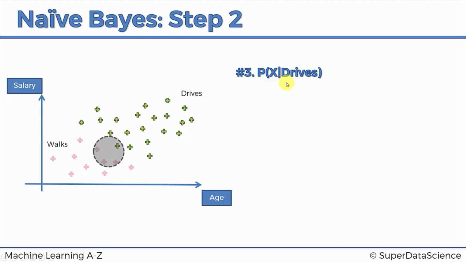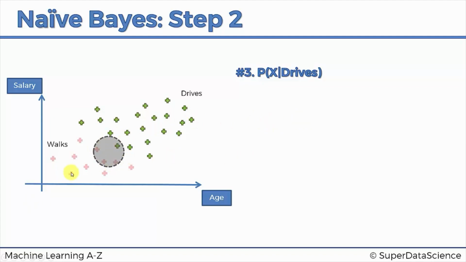The question is, given that we're selecting a random point out of all of the people that drive, so this vertical bar means given that a person drives to work, what is the likelihood that they will exhibit features similar to X, which we agreed is the same as falling inside this circle?